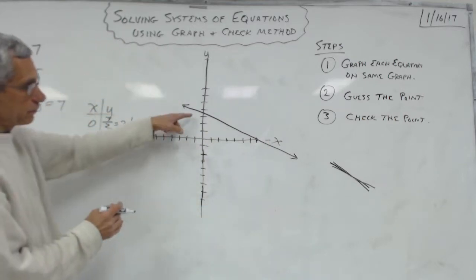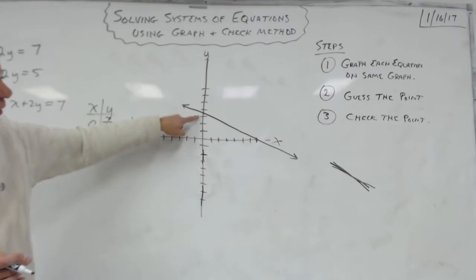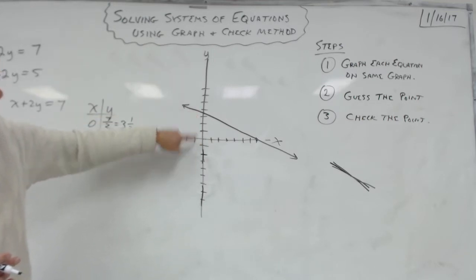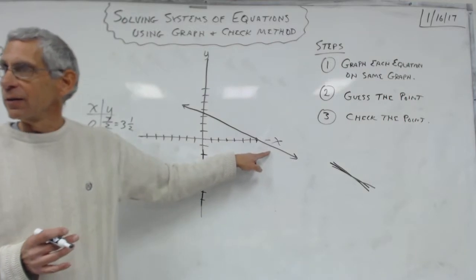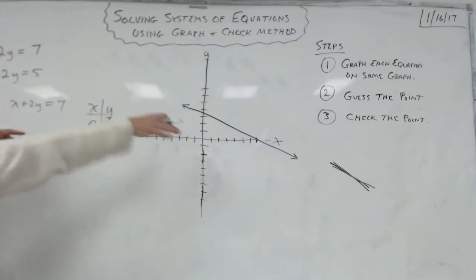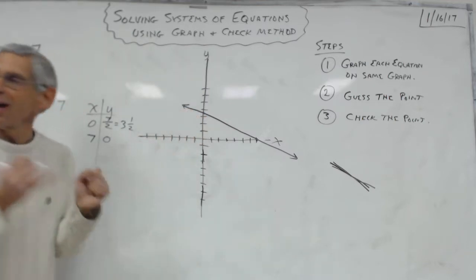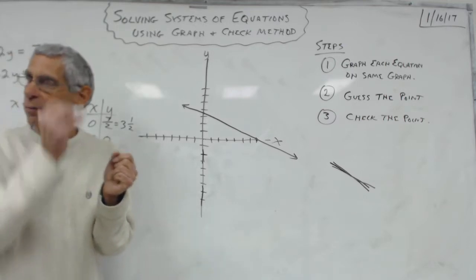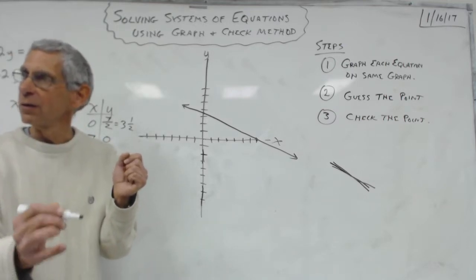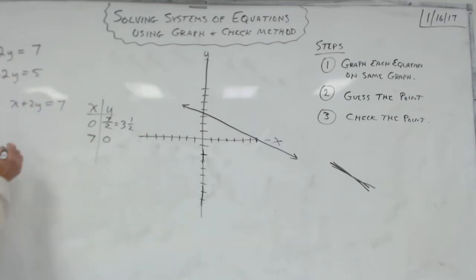So one thing I might think of is, oh, well, my slope is from 3.5 to 7. You know what I'm saying? It's going to be a little trickier because it's not in slope intercept form. I don't have my slope going down every, I don't have any way to do that. So it's going to be more of a guess.